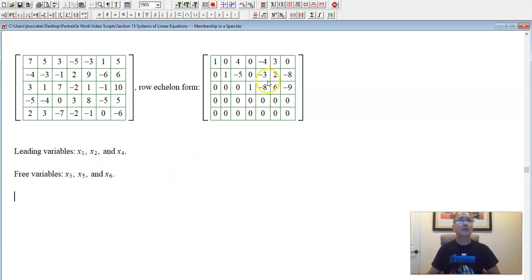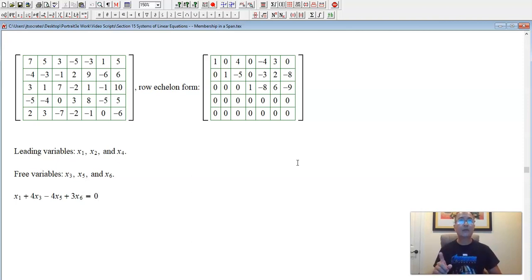So next we're going to write each of these rows as an equation involving our 6 variables. So our first row says that x1 plus 4x3, because it's in the third column, minus 4x5 plus 3x6 equals 0.